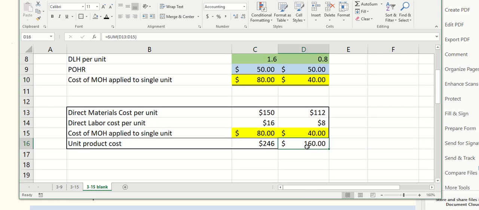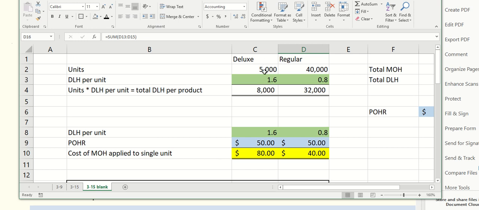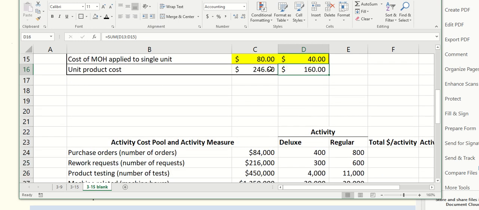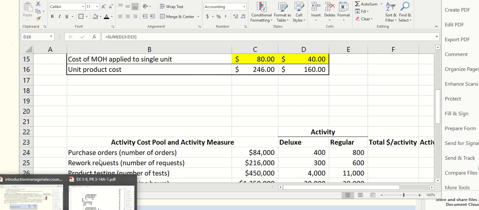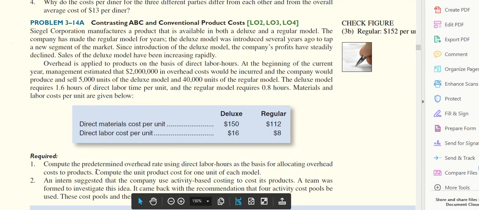But they could be not allocated correctly if this is using just one plant-wide overhead rate. Our total unit costs would be $246 for our deluxe product and $160 for our regular product. So that's your solution for question number 1.